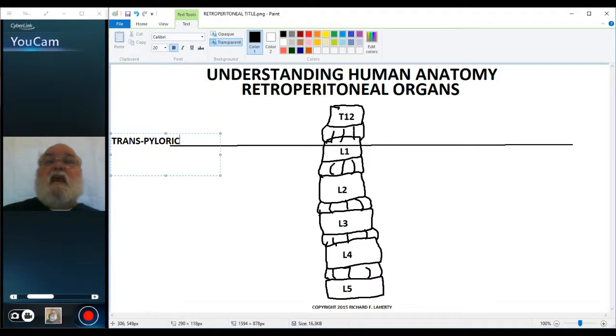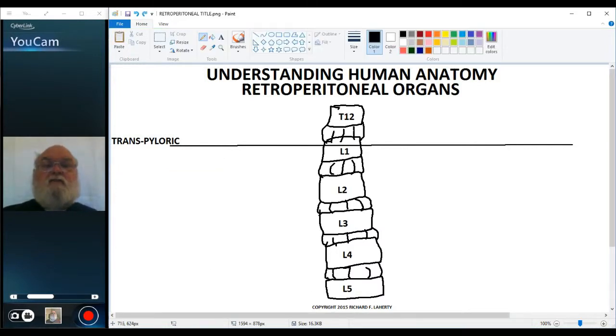It's at the level of L1, and the inferior edge of the ninth costal cartilage will touch this plane, and it is halfway between the sternal notch and the symphysis pubis. So it's about halfway down the trunk, thorax and abdomen together. About halfway from the top of the thorax to the top of the pelvic region.